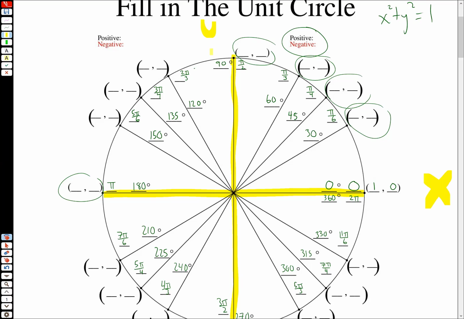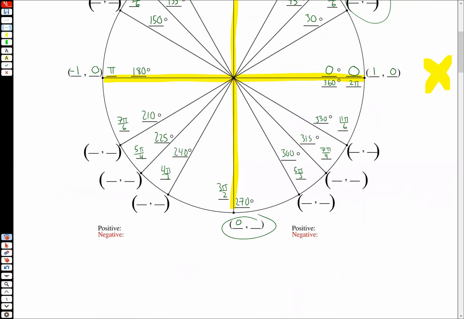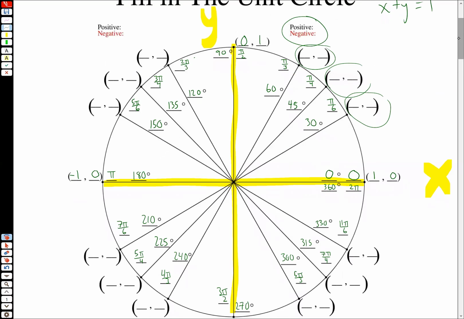So that point's 1, 0. Up here at 90 degrees, that point is 0, comma 1. Over here, on the negative x-axis, this is minus 1, 0. And down here at the bottom, this is 0, minus 1. These 4 points, the points on the x and y axis, are the easiest points on the unit circle. The other ones we have to figure out by using geometry.